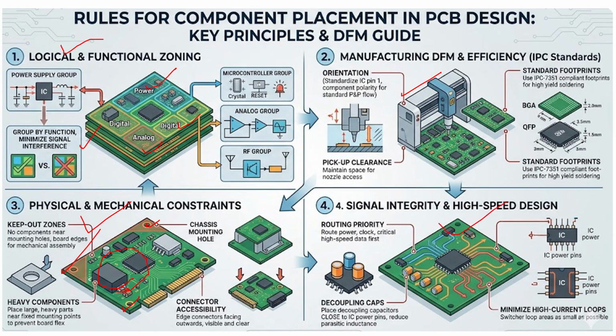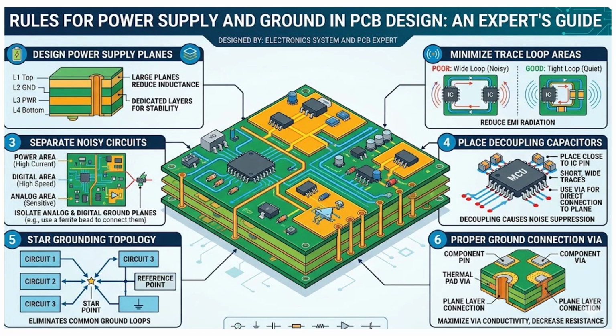So these are some general rules. Then there are some rules for providing the power supply on the board. What are they? Design for power supply planes, like large planes reduce the inductance, then dedicated layers for stability, and separate noise circuits.